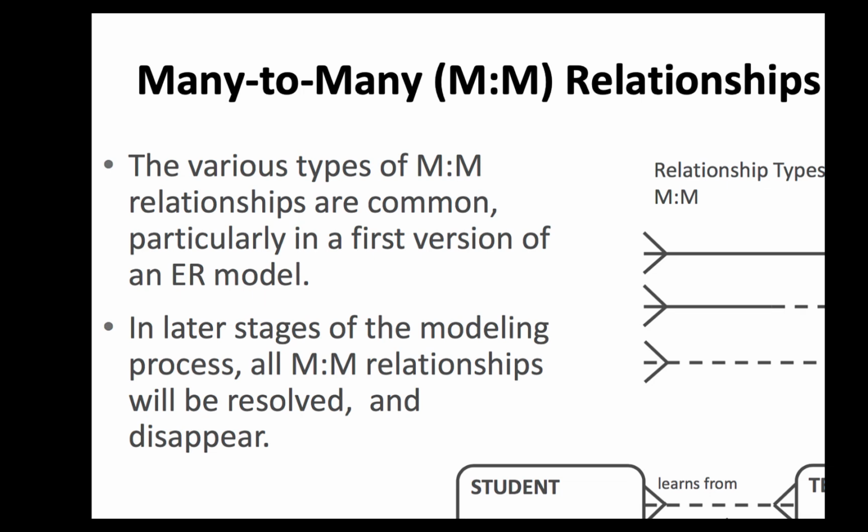So we can say one and only one, and the crow's foot means one or many. Similarly, each teacher may educate one or many students. So in this example, these two entities have a many-to-many relationship. In the previous slide we saw one-to-many or many-to-one, but in this case it is many-to-many.